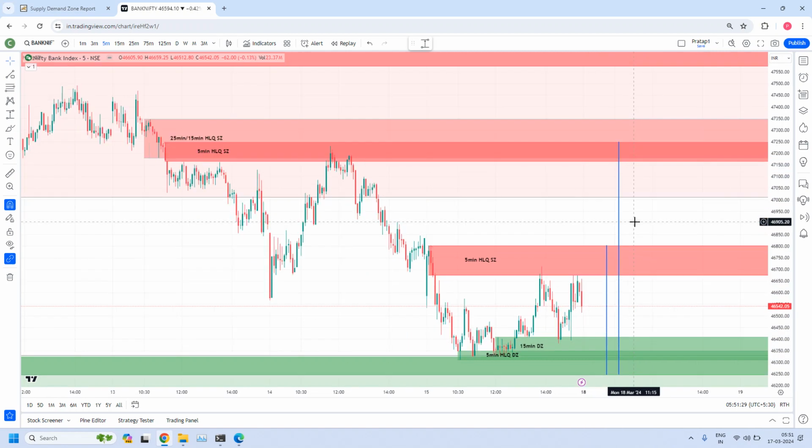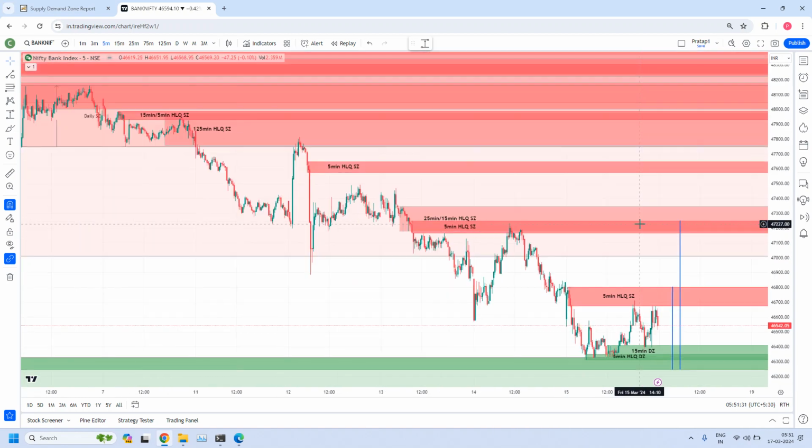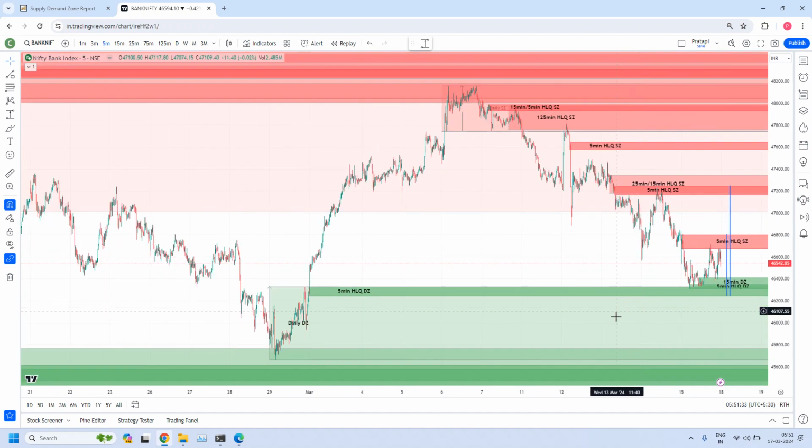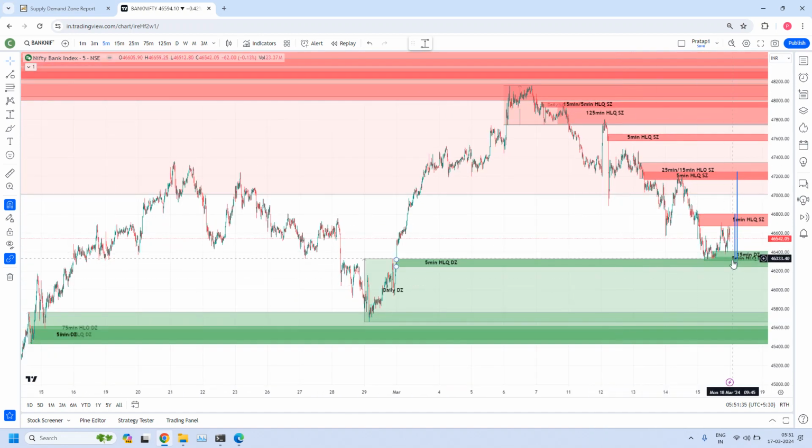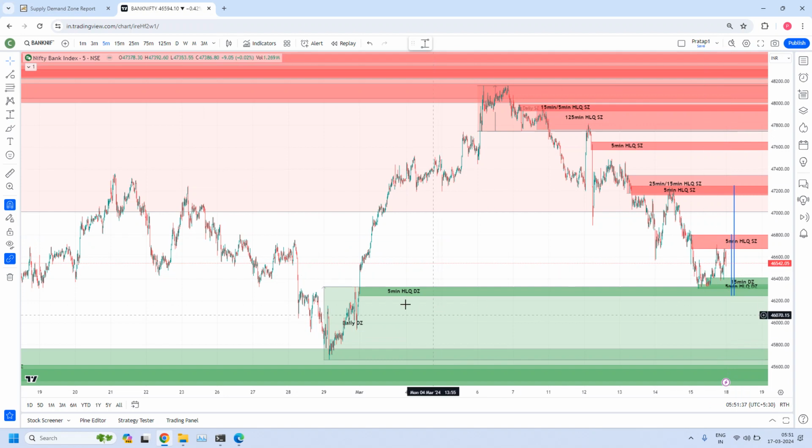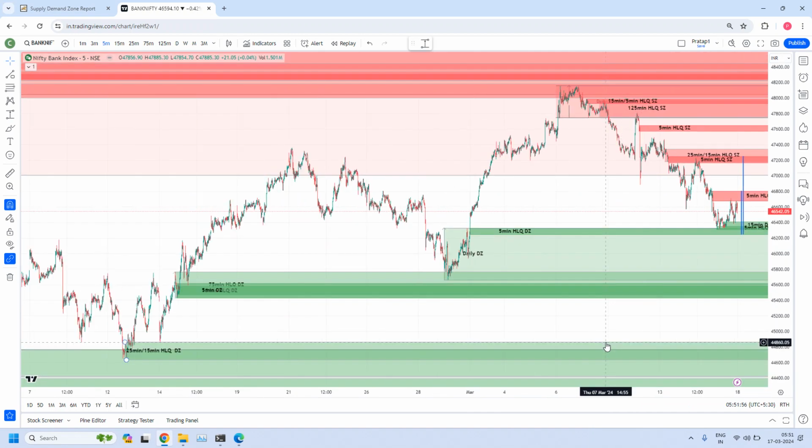Suppose the 5-minute high liquidity zone, the bottom one in LOTL, the last one, is violated. Then this entire daily demand zone might be violated easily, or institutions create a new high liquidity zone and then push the price up. That possibility is there. But at that time your range will change to this area.